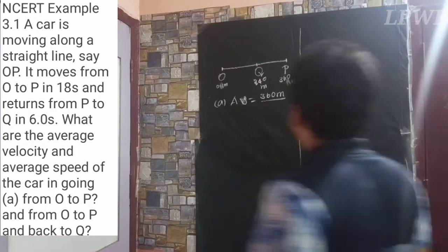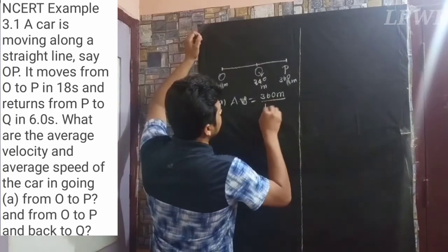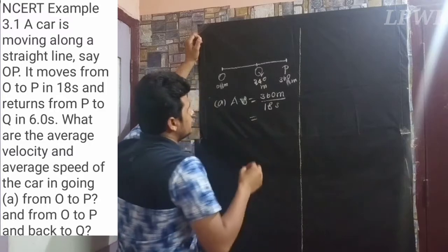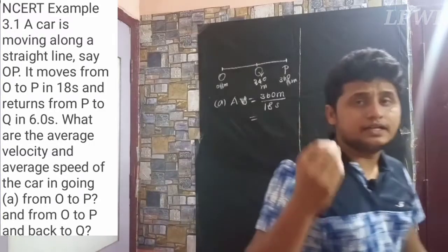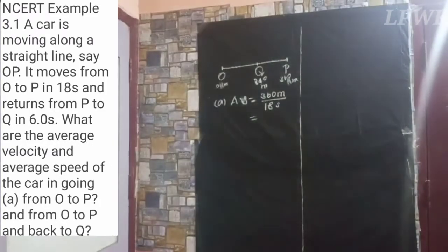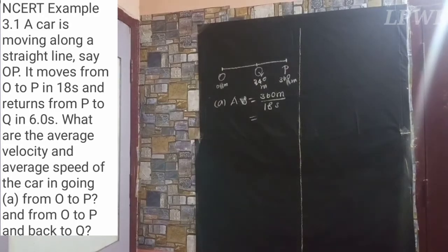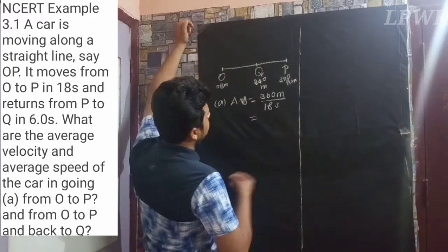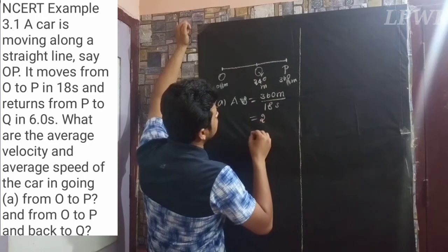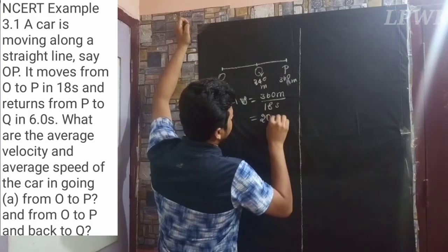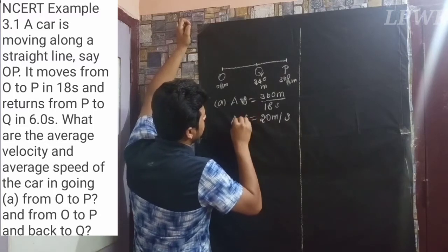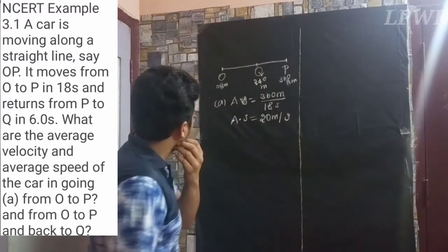Yes, 18 seconds. Okay, 360 by 18 seconds. And then what will be the answer? 20 meter per second. So average speed will be 20 meter per second.